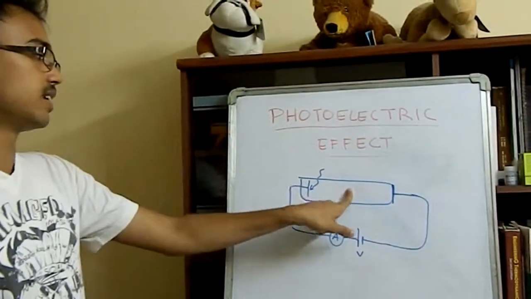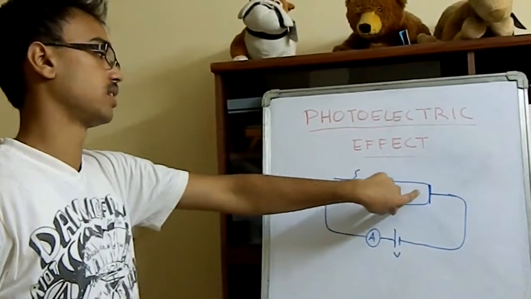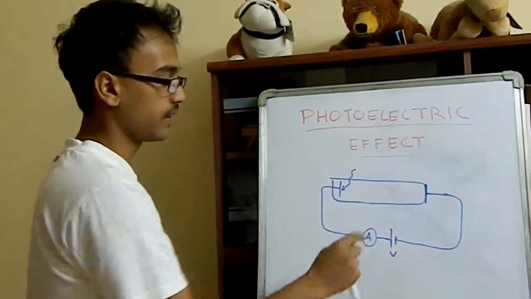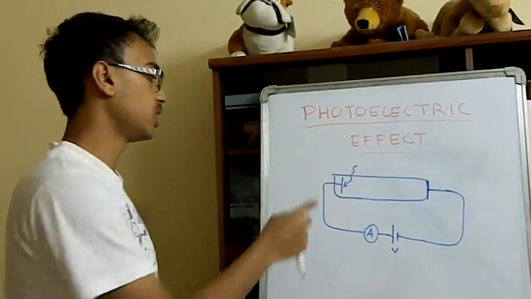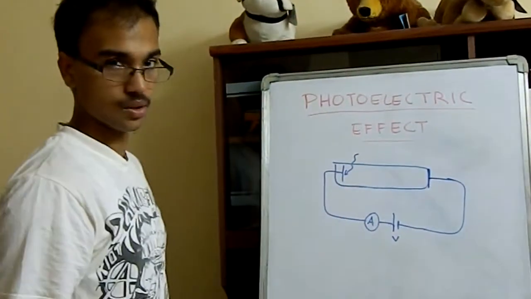Note that this tube is evacuated, so there is no conductor to conduct electricity when any EMF is applied. But only when light is incident on the metal plate, current is observed.